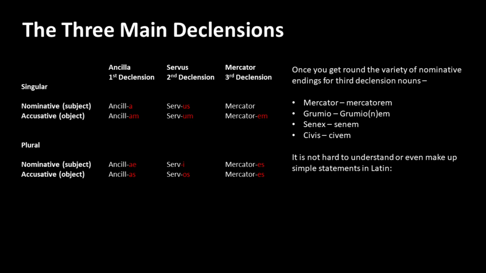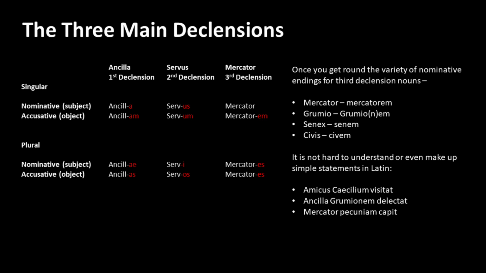Yes, have a look at these. Amicus Caecilium visitat. A friend is visiting Caecilius. Ancilla grumionem delectat. The slave girl pleases Grumio. Mercator pecuniam capit. The merchant takes the money.